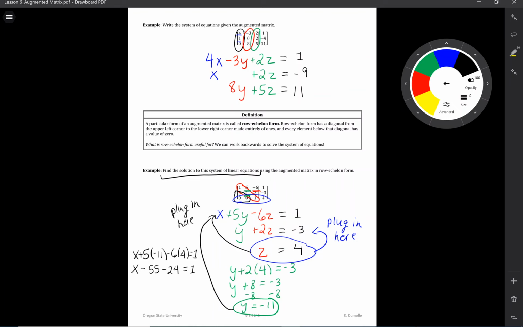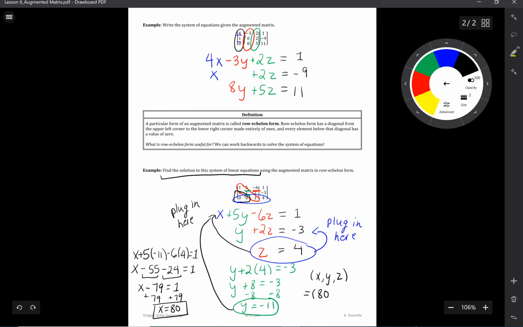I can combine these two things. So I get x minus 79 equals 1. So if I add 79 to both sides, I get x equals 80. So my solution here is x, y, z equals, my x value is 80, my y value was negative 11, and my z value was 4. So this is my solution here.